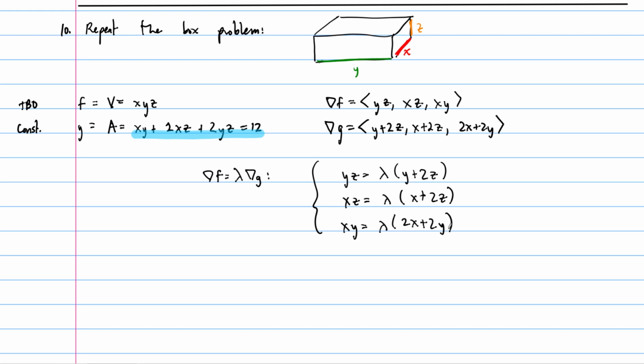So instead, what we can do on this one is we can notice that if we multiply this equation by x, multiply this equation by y, and multiply this equation by z, then all 3 terms on this side are the same, and that means that we can equate the ones on this side, right? So we can set these equal.